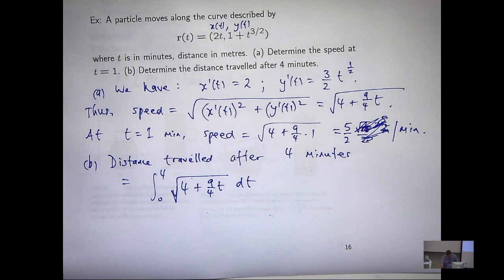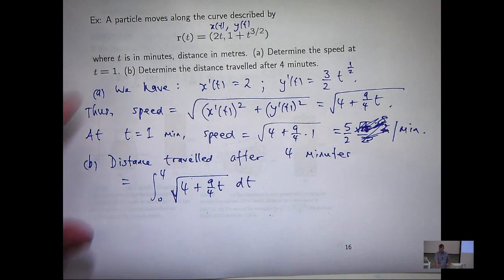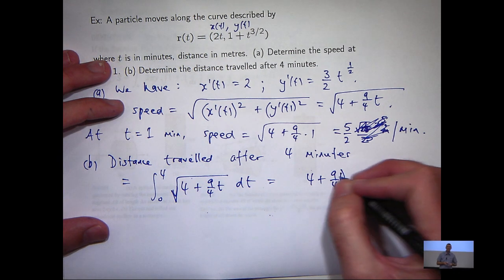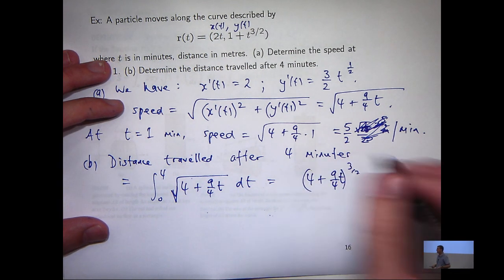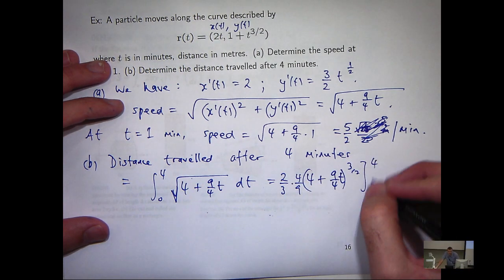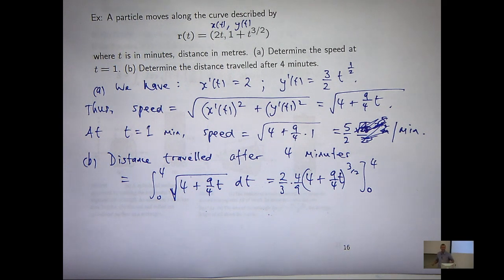Now remember, a lot of these problems involve managing away the square root somehow, but it's not too bad with this because we've got a linear part in here. So if I integrate now, the power's got to go to 3 on 2, and then I just need to adjust with some toing and froing with the factors.